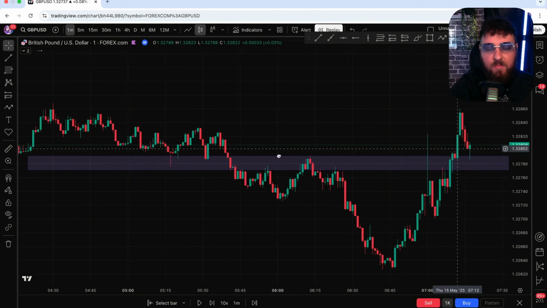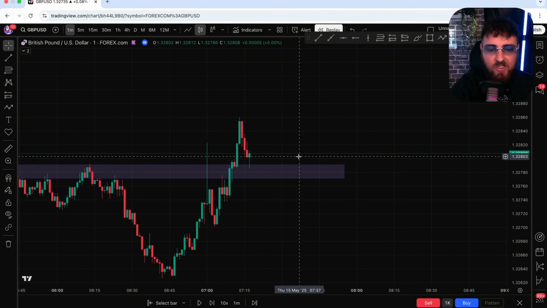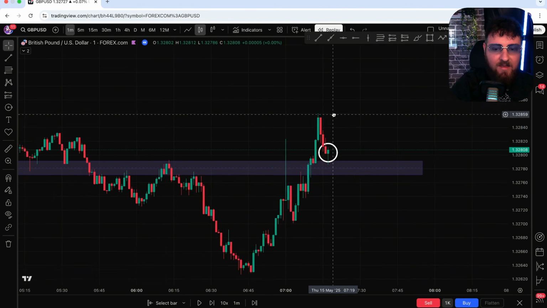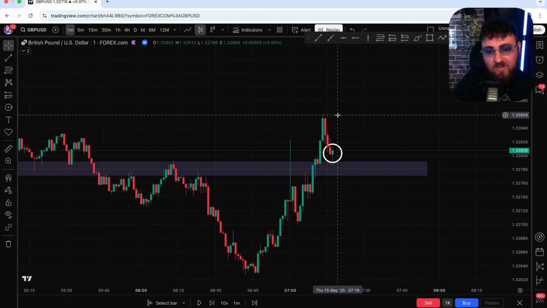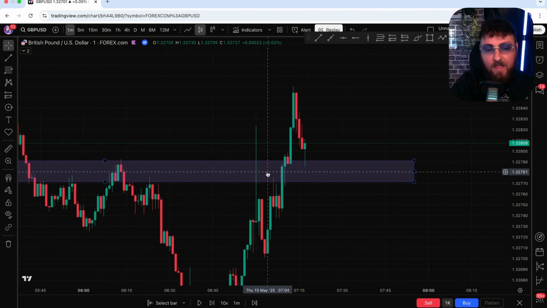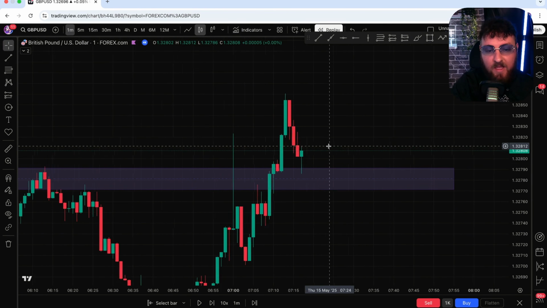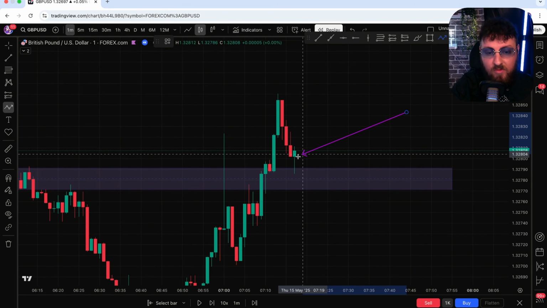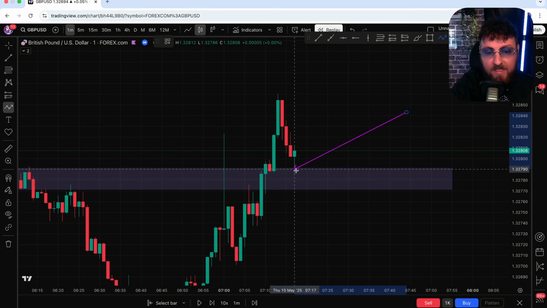Let me tell you, some people enter on rejections of areas. So some people would have entered on this rejection candle there. Like, I like to see an engulfing candle. So even though that's a rejection, think about how I taught you earlier on in the course how to look at a candle and how it closes. The bottom of this was the open. It got all the way down there and it closed above, so it closed bullish.